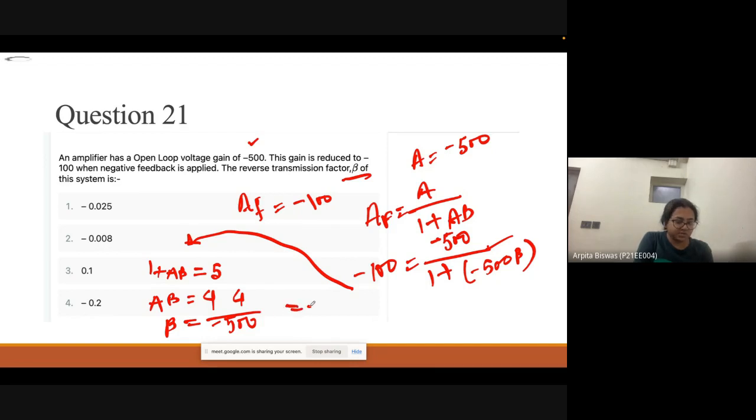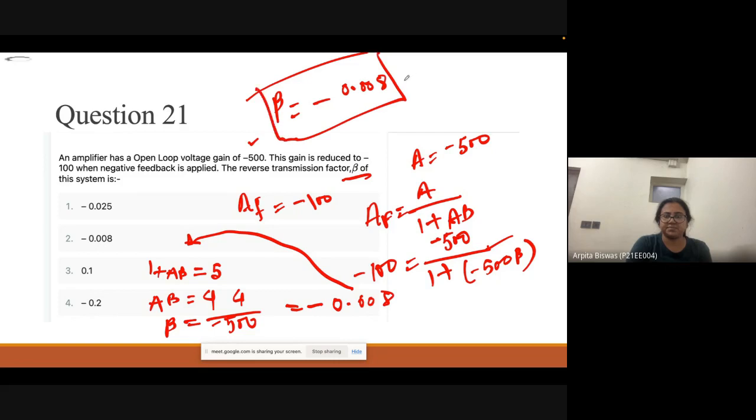So the result coming out minus 0.008. Okay. So what is the value of beta? Beta is minus 0.008. This is the answer.